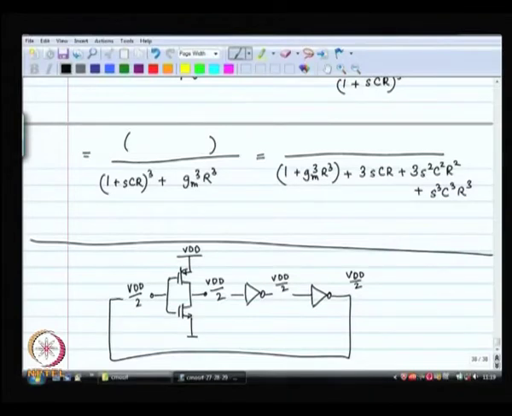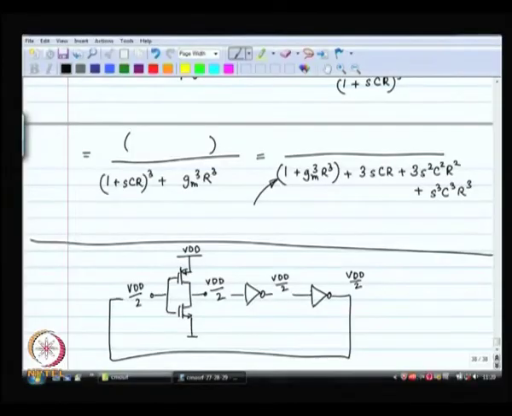Right? This is the precise situation, it's beautifully biased, all the nodes are at VDD by 2. So, I use small signal models, okay. All the devices are active etc. I use my small signal model and I see that this is going to be the denominator polynomial of the expression for any particular voltage or current.